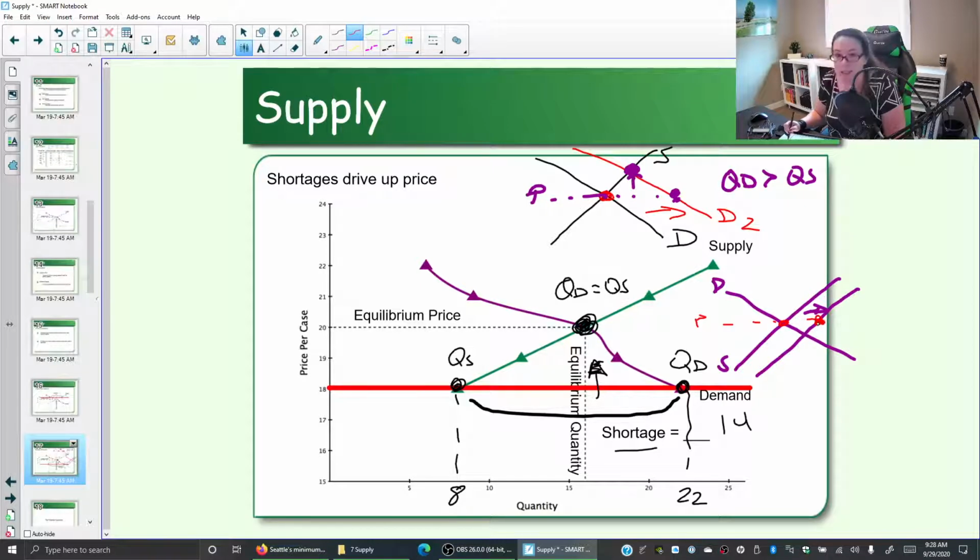Now quantity supplied is more than quantity demanded, so we now have a surplus. And surpluses do what to price? They push downward pressure on the price, and we end up at a new equilibrium. Pick a different color here. At a new equilibrium at a lower price.